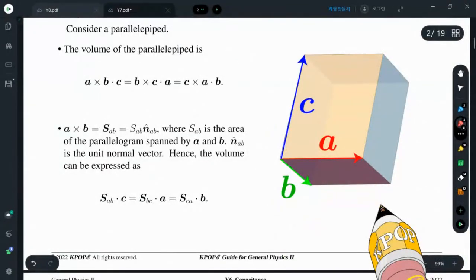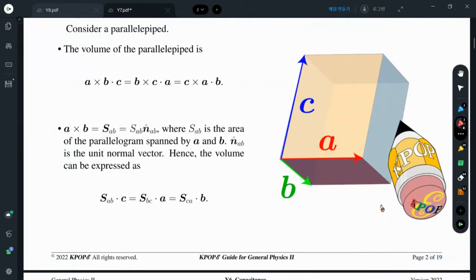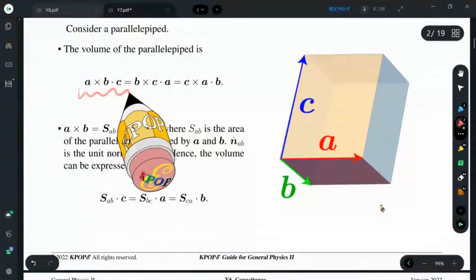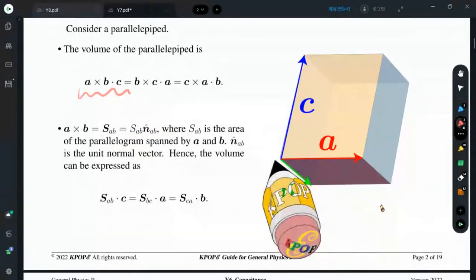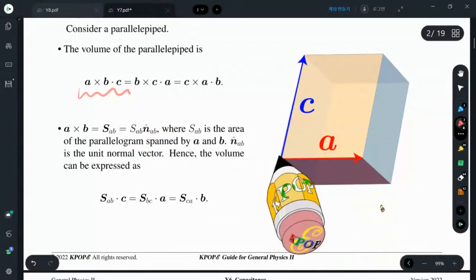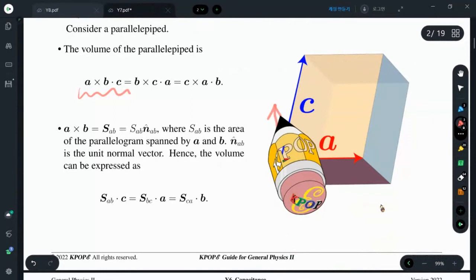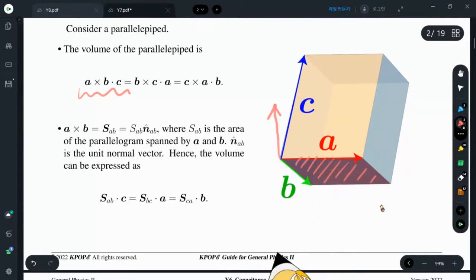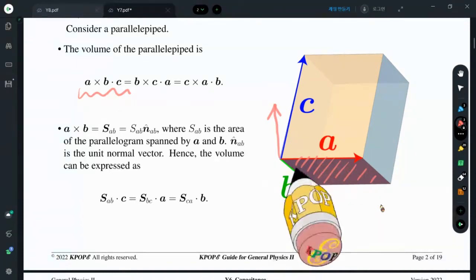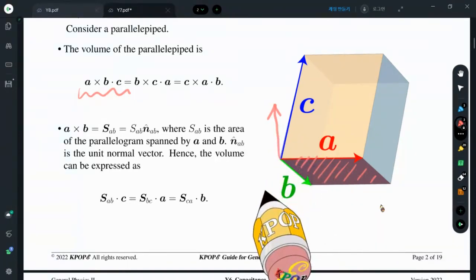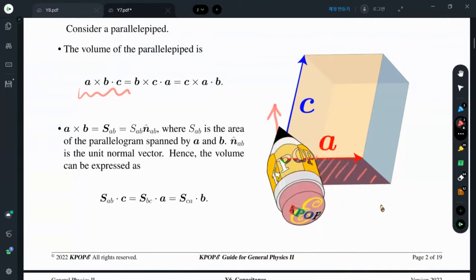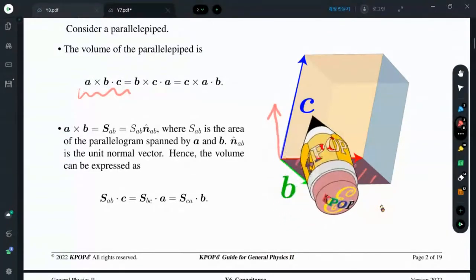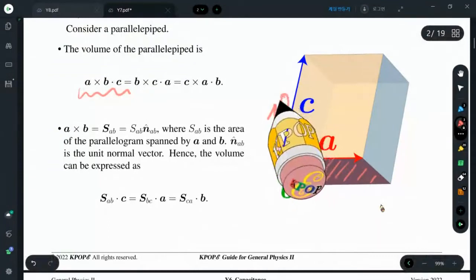We are familiar with computing the volume of this parallelepiped. You learned the triple scalar product. A cross B is directed along the normal direction relative to the plane spanned by the two vectors A and B. You will find the angle theta.